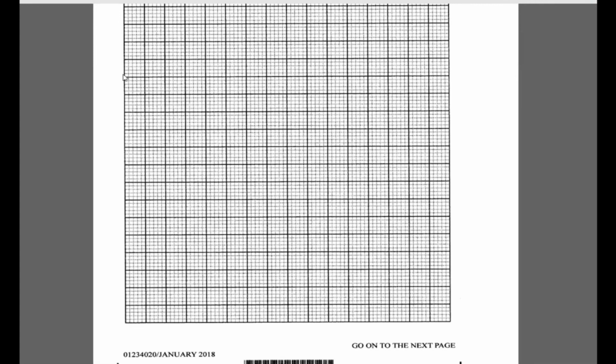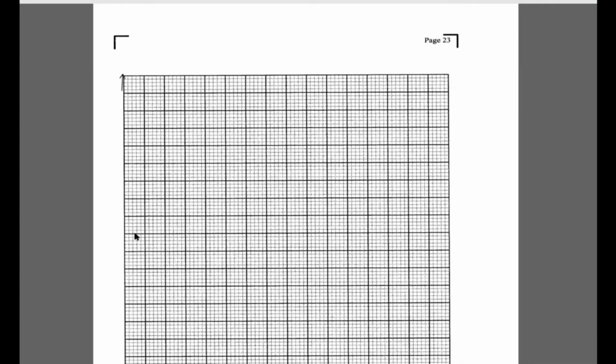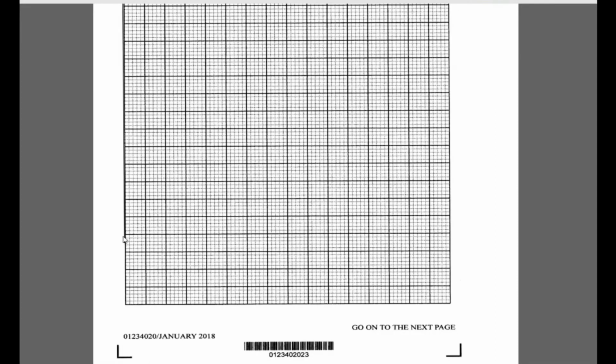Let's draw our y-axis. I just like to label on the graph my y-axis. Then I'm going to put on my x-axis.